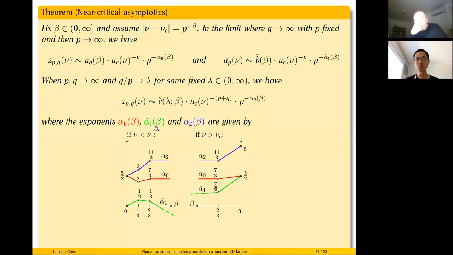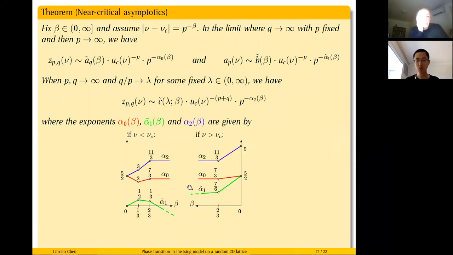When nu is smaller than nu c, the exponent depends on beta in this manner. The exponents are piecewise linear, and their values are determined by this particular point. And when nu is larger than nu c, I draw the coordinate system in the mirror, but the exponents are also piecewise linear functions.